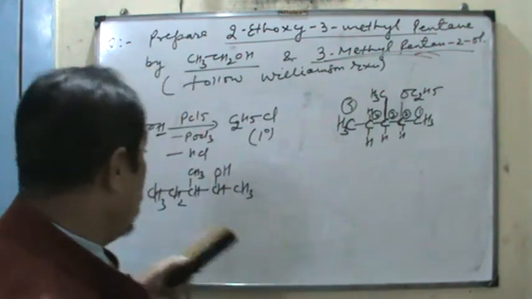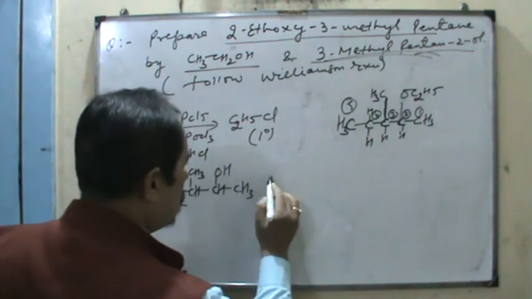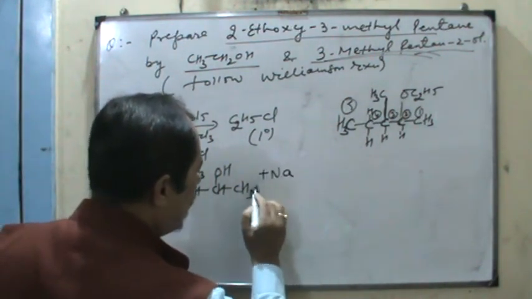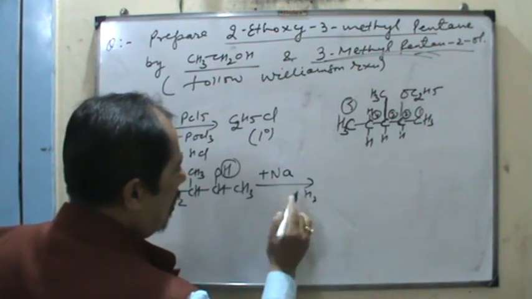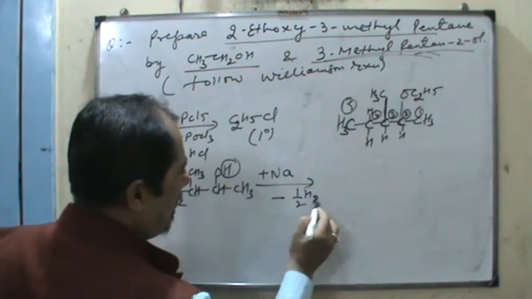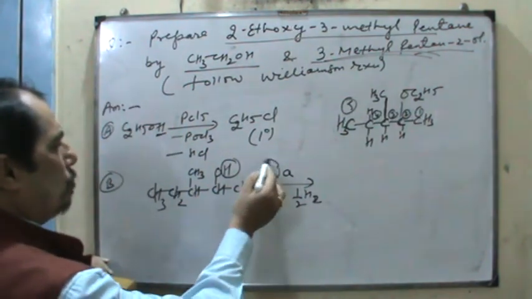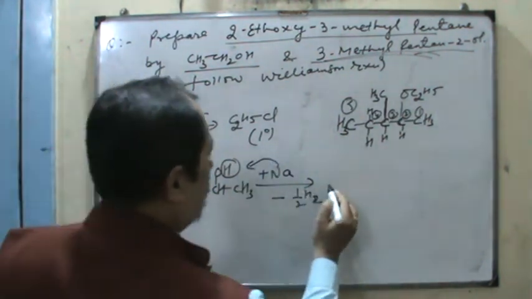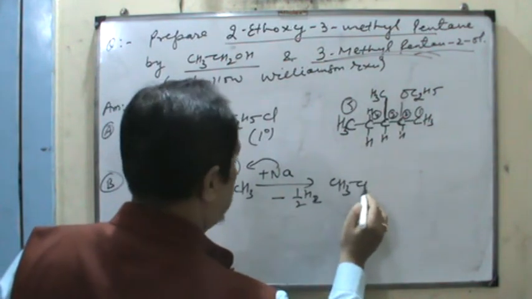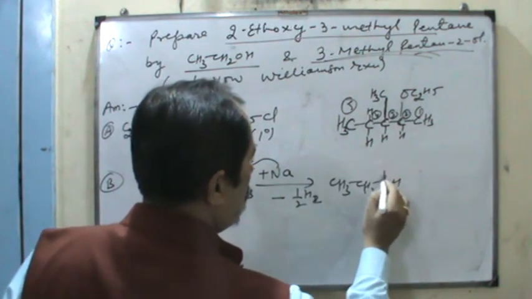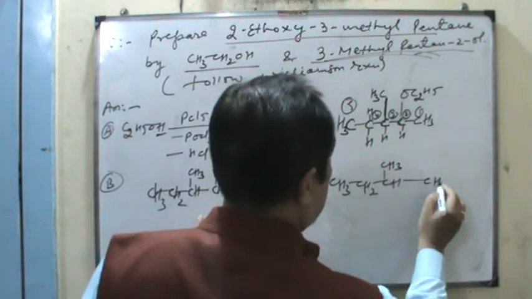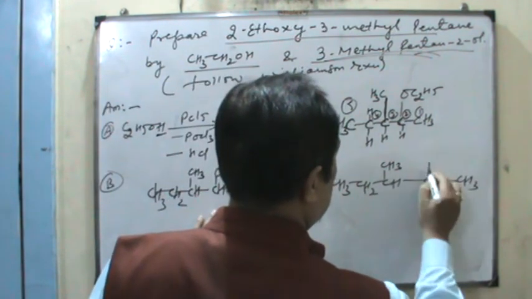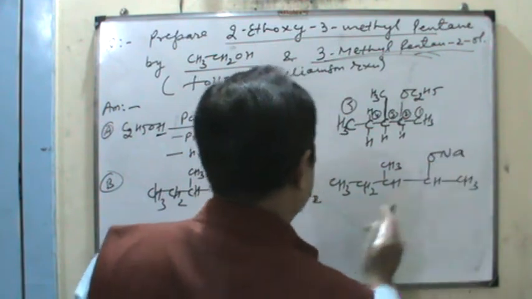Here we have to take a metal like sodium, hydrogen gas is lost, and sodium will be there. It becomes CH3, CH(ONa), CH(CH3), CH2, CH3.